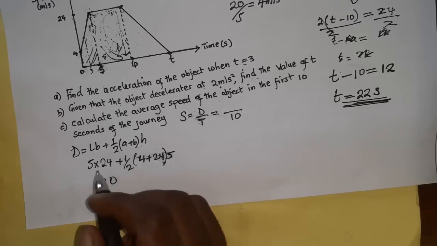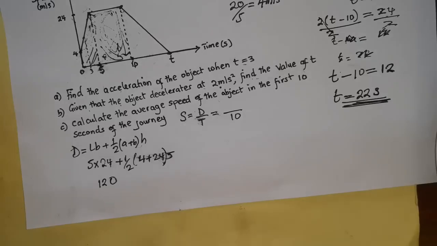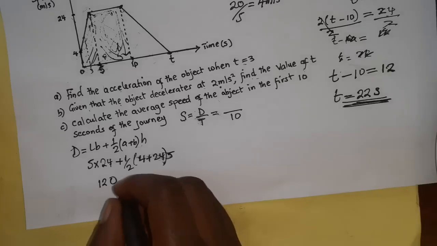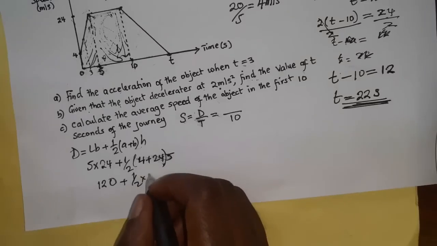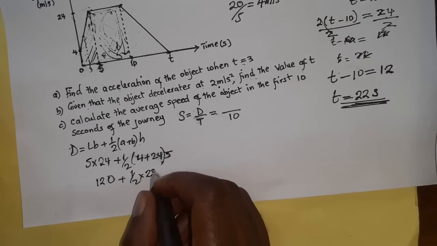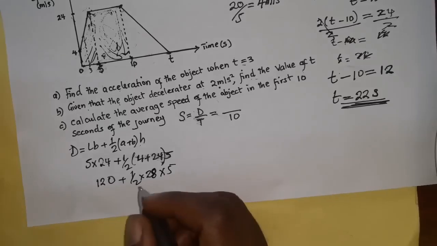Then plus 1 over 2 multiplied by, you add this, it's going to give us 28 multiplied by 5.